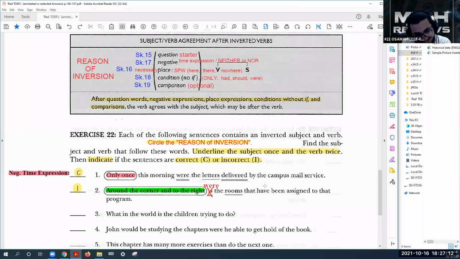I have another question. I think it's correct if I say, is the room that have been assigned? If we make the subject singular, we also have to change the have.